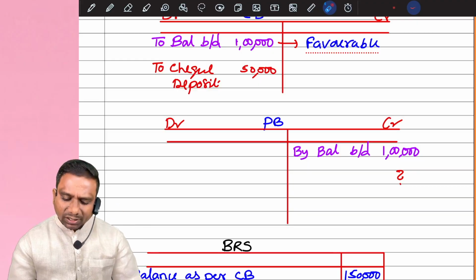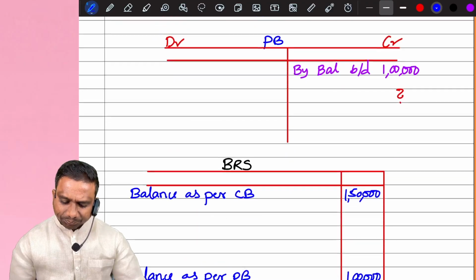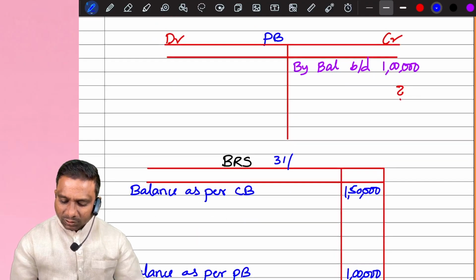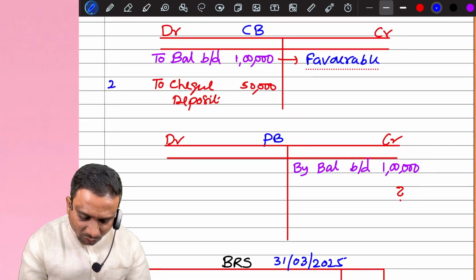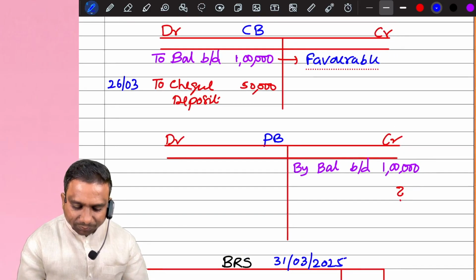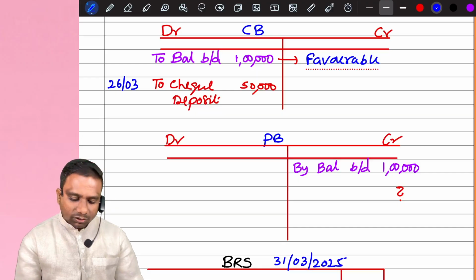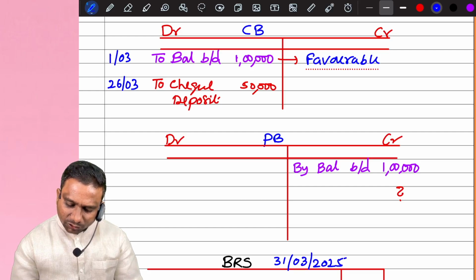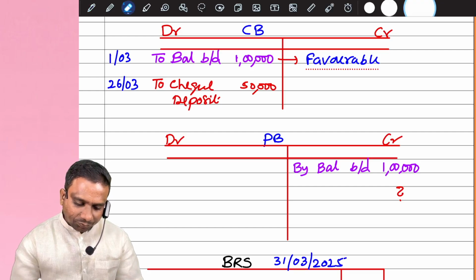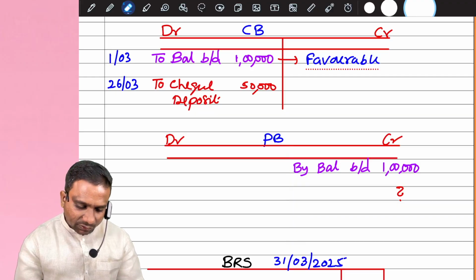Assume the BRS we are preparing on 31st March 2025. We deposited the check on 26th March.